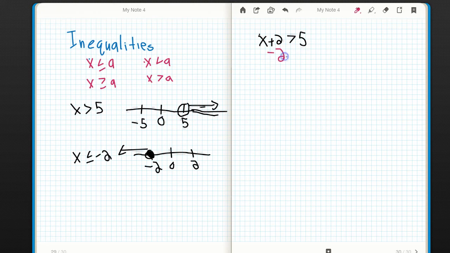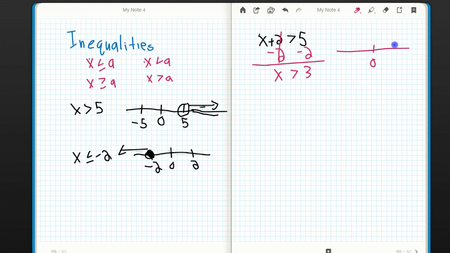So minus 2. What you do to one side of the inequality, you do to the other side of the inequality sign. So subtract 2 from both sides. So we have x is less than 3. Now let's do our number line.